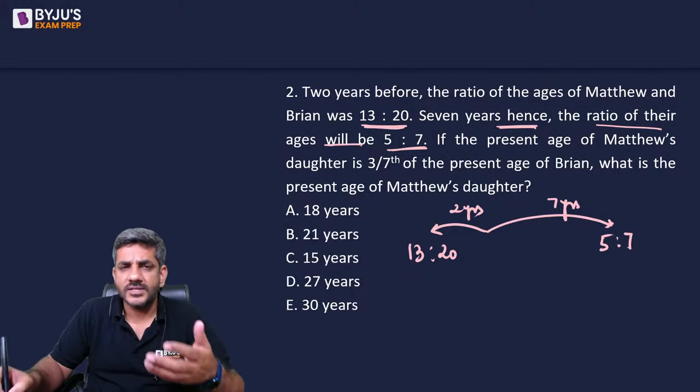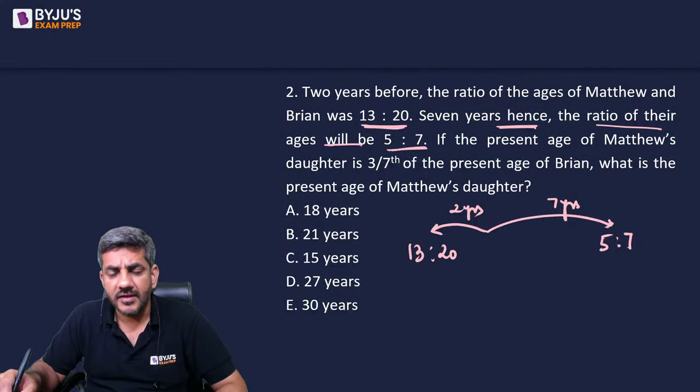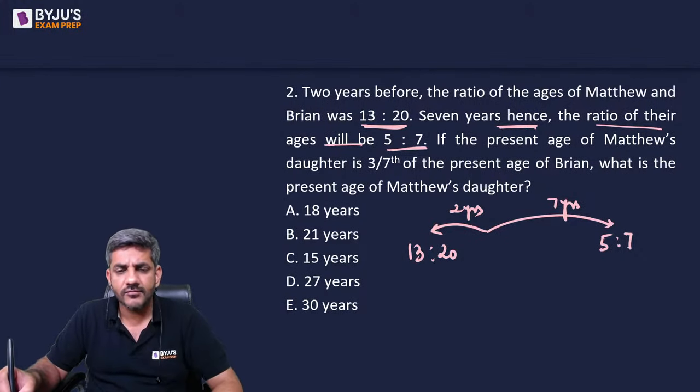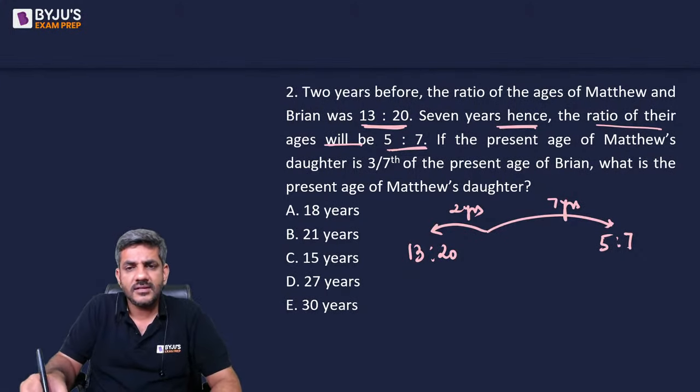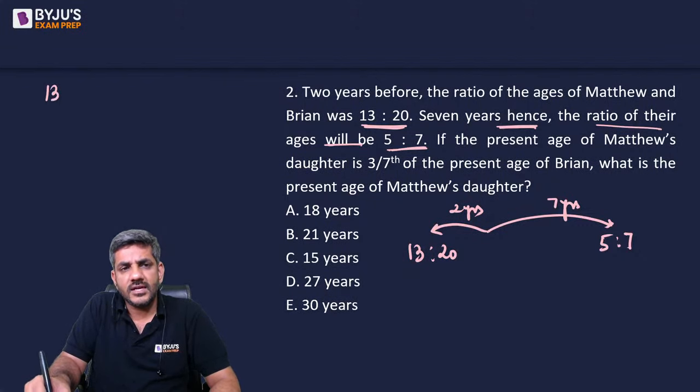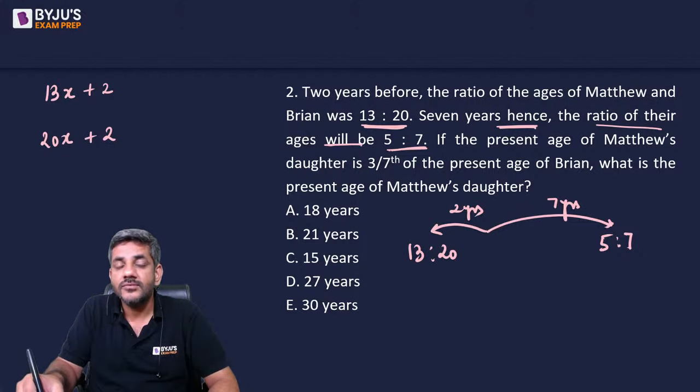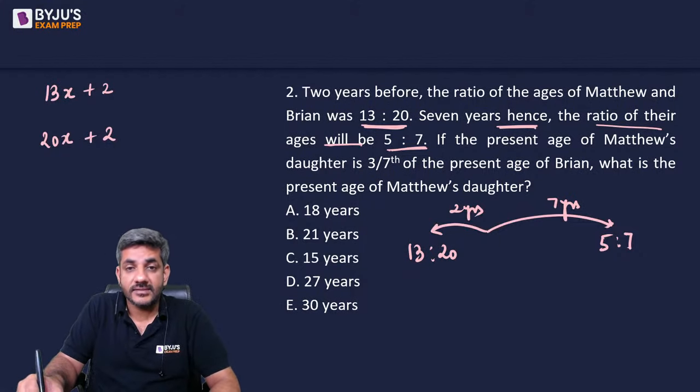Though, of course, these questions can be done easily by taking some variables. Let me tell you the general method of doing this first. Let us say 2 years ago, their ages were 13x and 20x. So today they are 13x plus 2 and 20x plus 2, and 7 years hence, they would be plus 7 and plus 7.